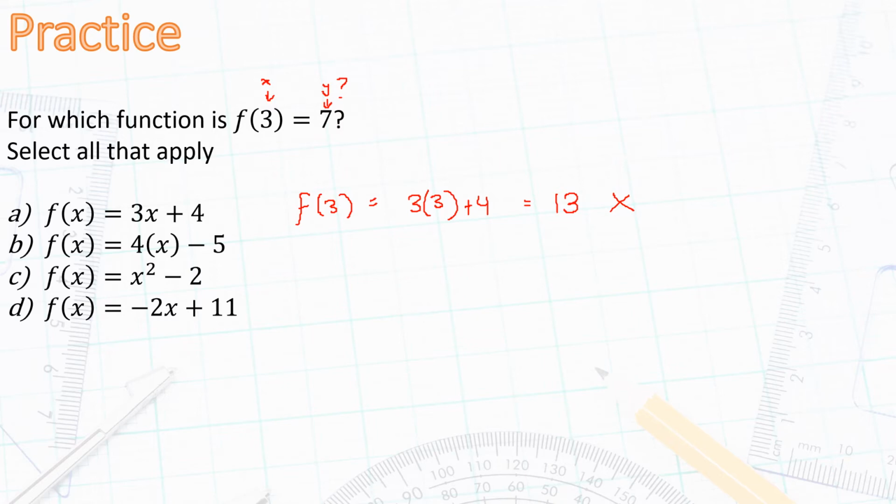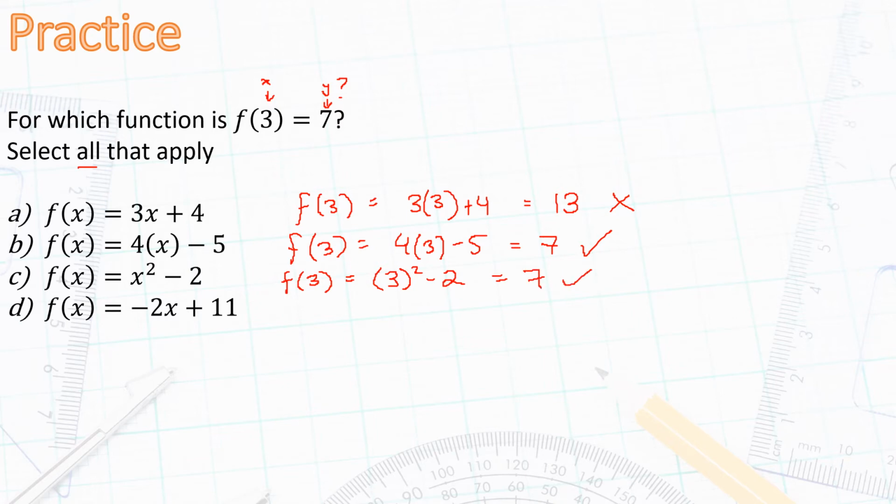Okay, so second one, f of 3 is 4 times 3 minus 5. 4 times 3 is 12, minus 5 is 7, so yes, that one works. For C, this is a select all that apply, by the way, that's why I'm going to keep going. f of 3 for this one is 3 squared minus 2. 3 squared is 9, minus 2 is 7.